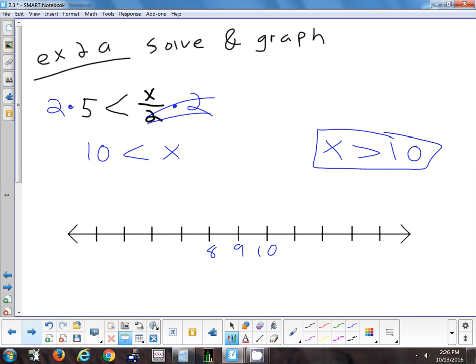Yeah, you don't have the equal to. Okay? If you don't have the extra line under it, don't take the extra step and fill in the circle. That's how I remember it. If I have the extra line, I got to do something extra and fill in the circle. And now shade which way? To the right. All right. So any questions on 2A?